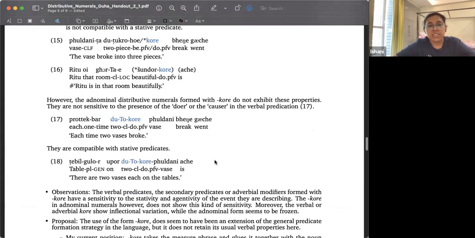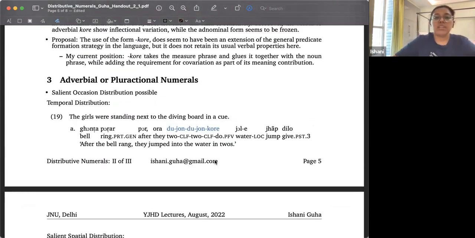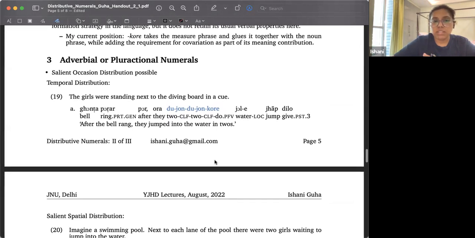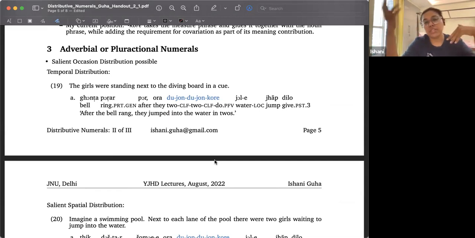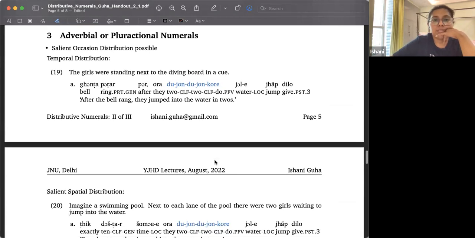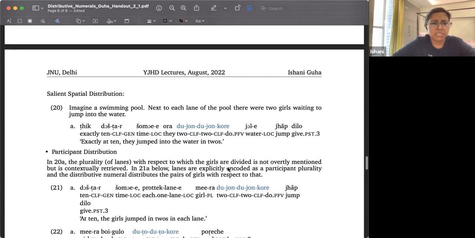So with that, I want to tell you a little bit about the adverbial, or what I call the distributional numerals, because I told you right on the first day that there are adnominal ones and adverbial ones, but I didn't really give any example of adverbial ones beyond the first one. So I have them here, but I won't read them out.